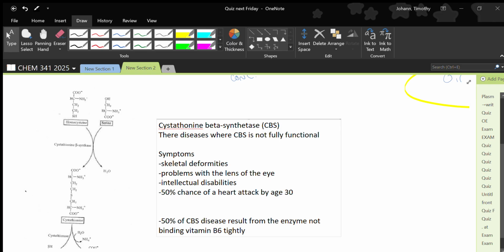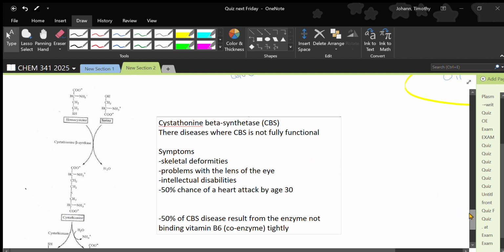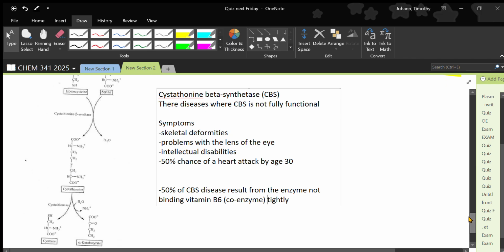Okay, and when we think about vitamin B6, it's going to be a coenzyme, or sometimes it's called a cofactor. It really depends; there's some field-specific terminology here where it changes. I'm going to call it a coenzyme here. It's like a heme. Okay, it's not a heme, but it's providing functionality that you don't get from the 20 common amino acids.